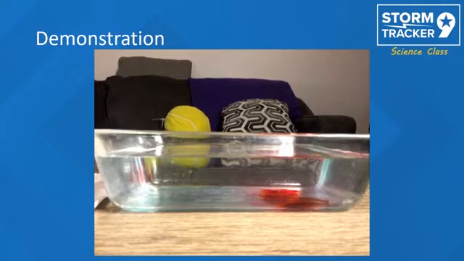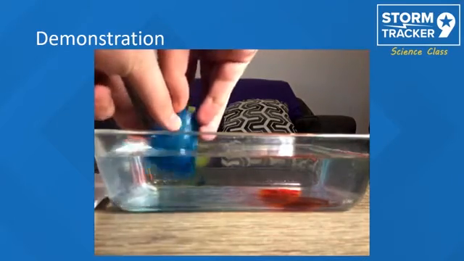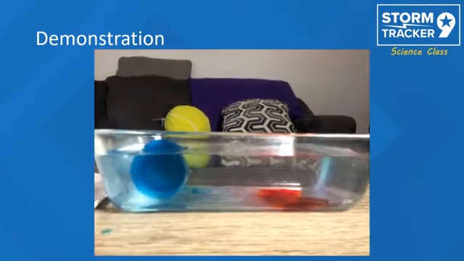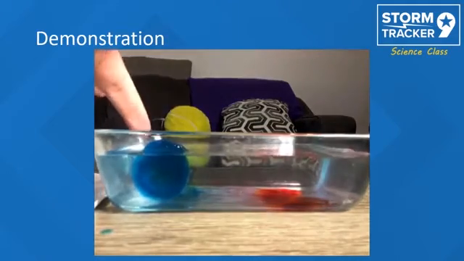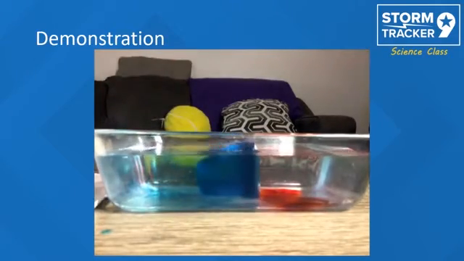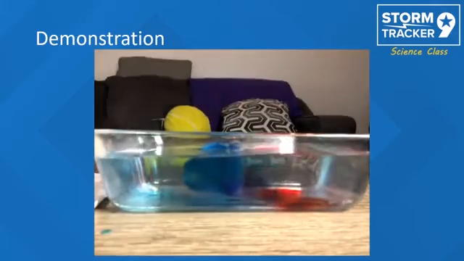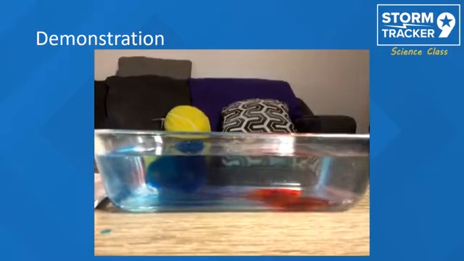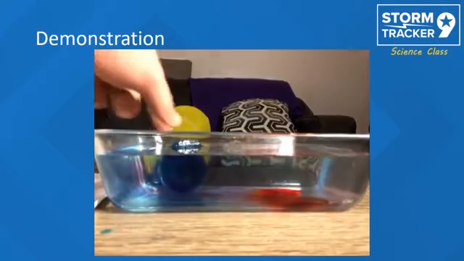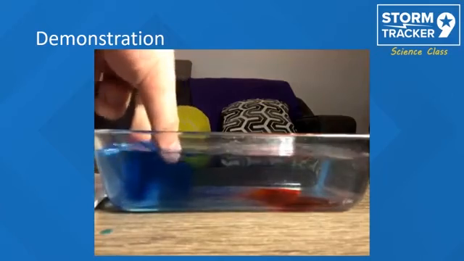All right, and watch what happens when I put this blue ice cube into this water. Might take a second here, and let's give it a little nudge forward. There you go. Do you kind of see that? It's kind of hard to tell. There we go.